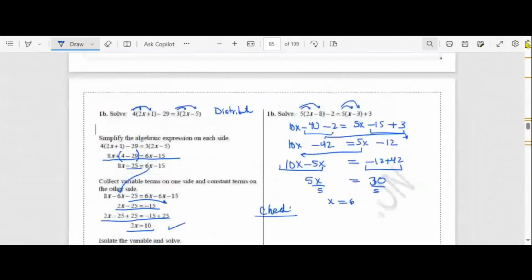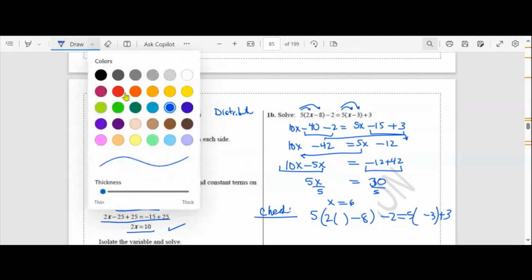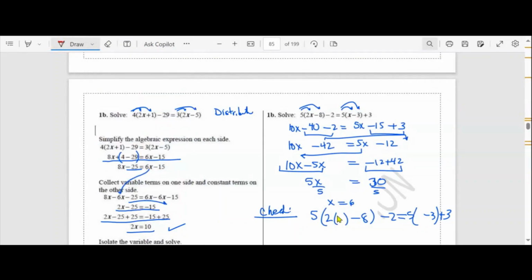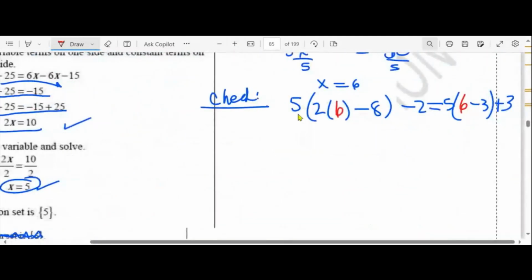What is the original equation? So what am I going to put here? 6, correct? And here 6. Is this clear?